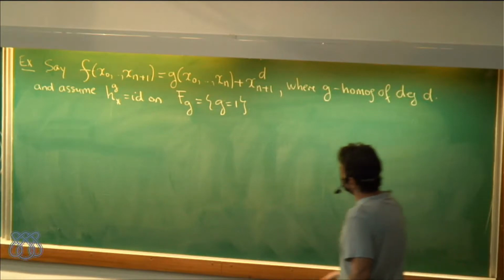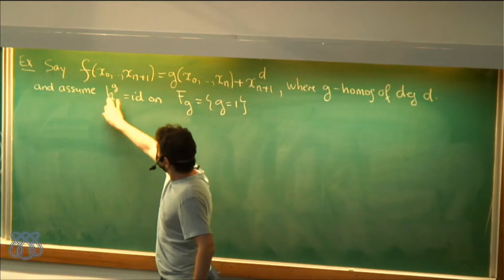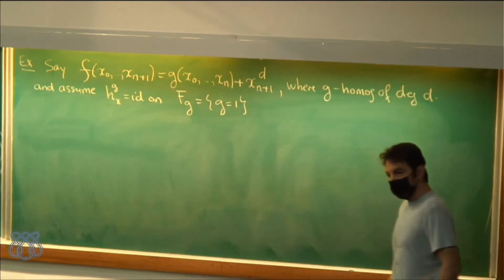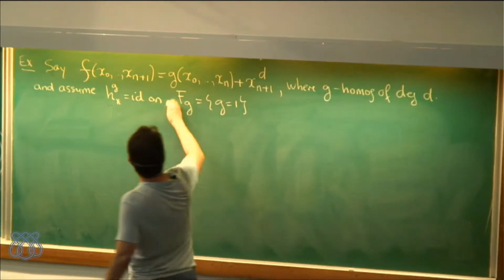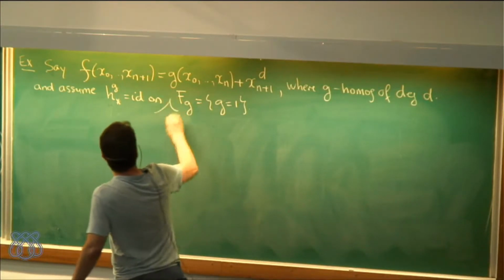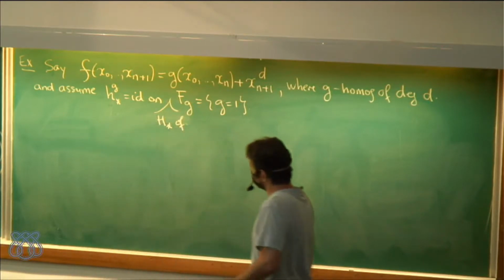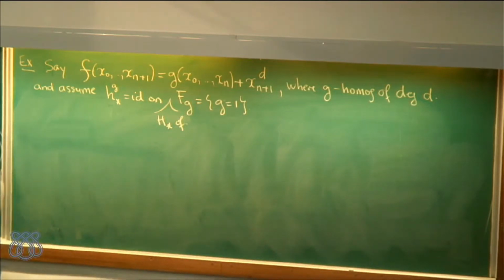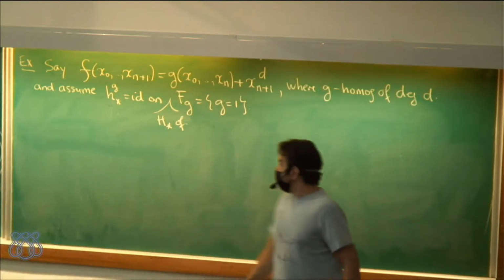It has its own Milnor fiber, which I call F_g, given by g equal to 1. It has its own monodromy, which I call h_g. And let's assume that's the identity on the homology of the Milnor fiber. So it's quite the opposite from what I want to have, that the monodromy doesn't have the eigenvalue 1 on the homology of the Milnor fiber.